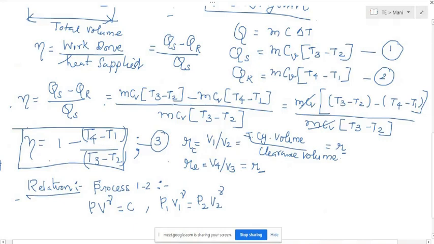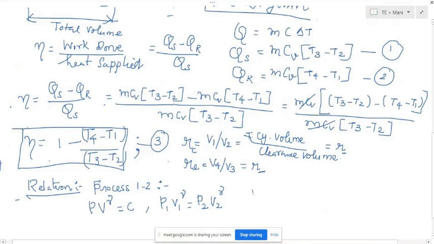Now we can form an equation in terms of temperature, because we need to substitute the temperature terms, either T1, T2 or T3, T4, whichever.